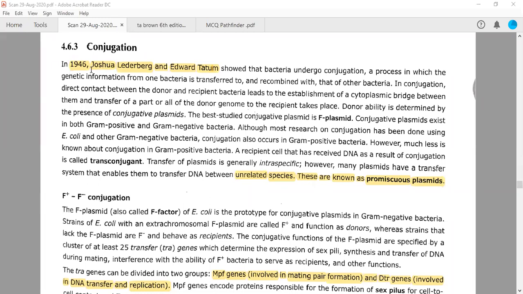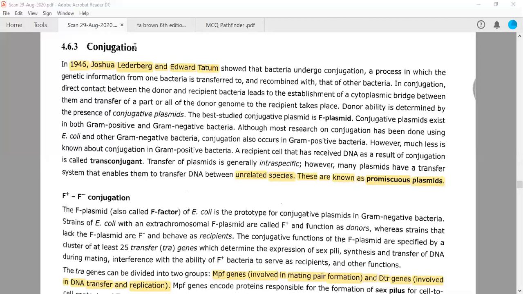Now, most of the plasmids which are carrying the genes for drug resistance are also transferred by the same process, conjugation. And this is estimated to be responsible for most of the bacterial resistance in the bacterial population.